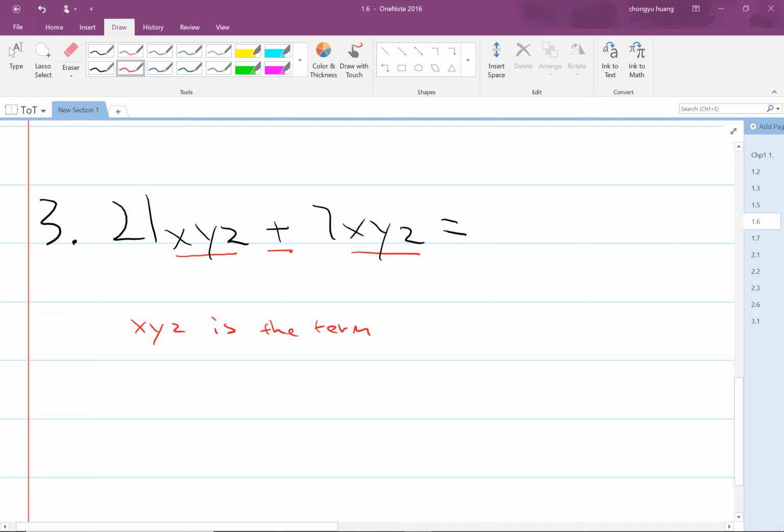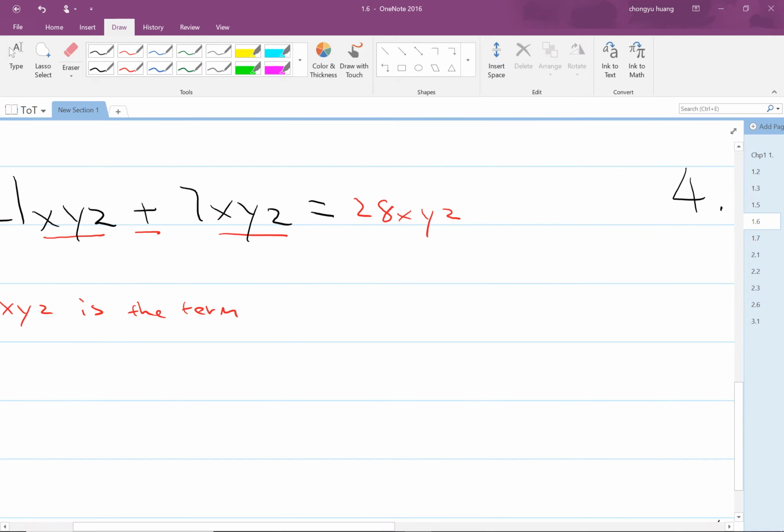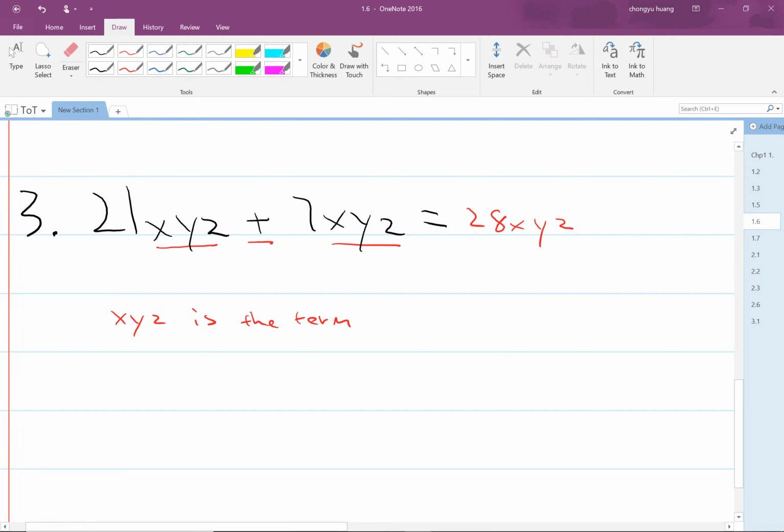Both of them are xyz, in 21xyz plus 7xyz, so you are able to add them. 21 plus 7 is 28, so it's 28xyz. So you solve the problem, and you leave it as it is.